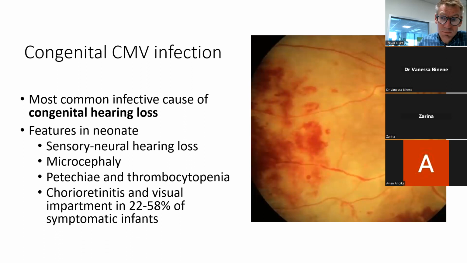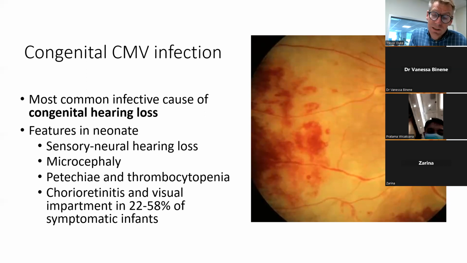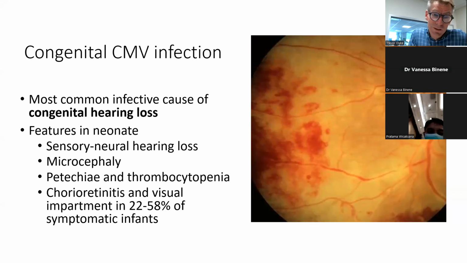The sorts of problems of congenital CMV are a bit like congenital rubella syndrome, but CMV is the most important cause of infective congenital hearing loss. Of all the infections that are likely to cause congenital hearing loss, congenital rubella syndrome and CMV.